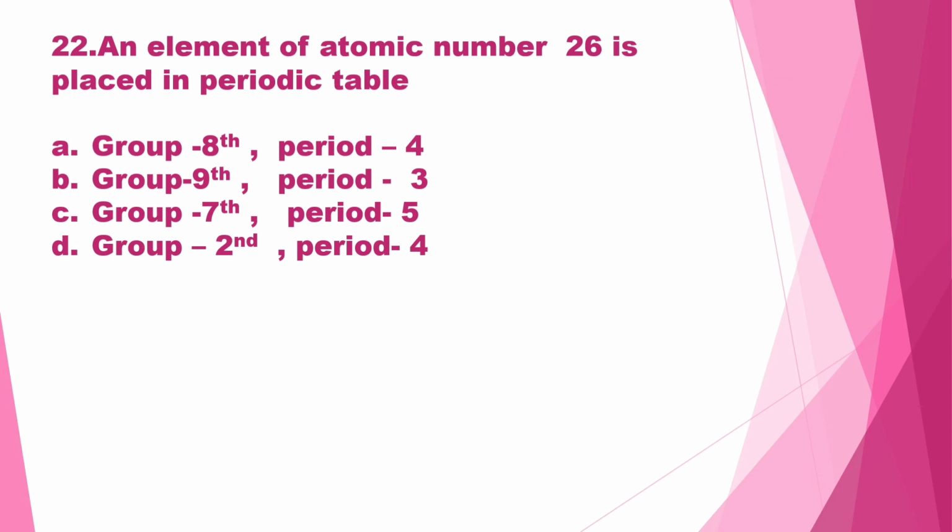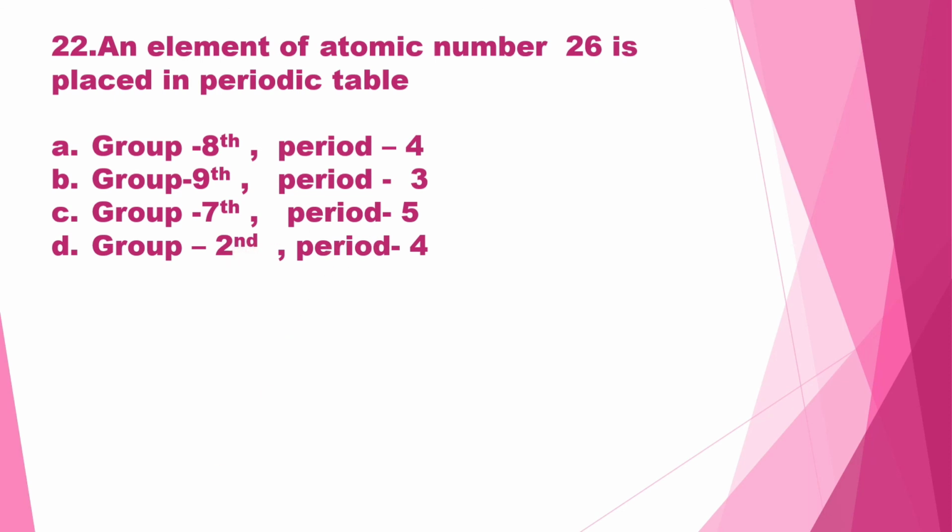An element of atomic number 26 is placed in the periodic table in which group and period? Group 8, period 4; group 9, period 3; group 7, period 5; and group 2, period 4.